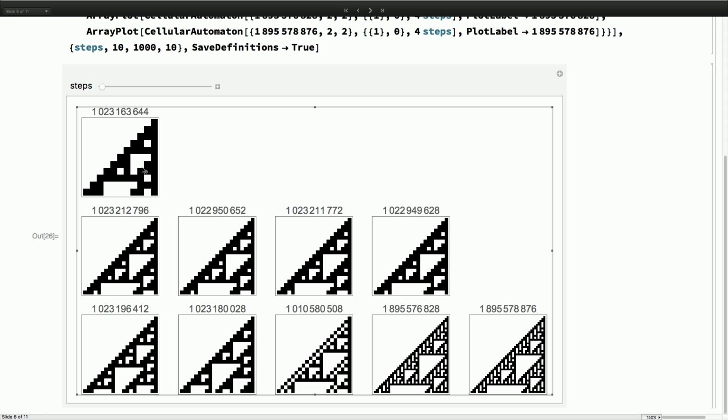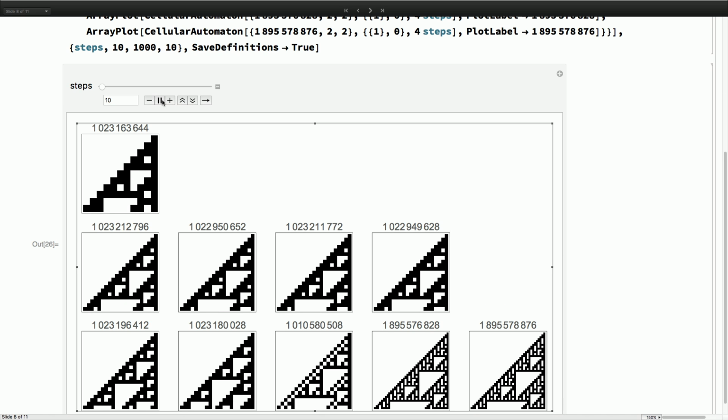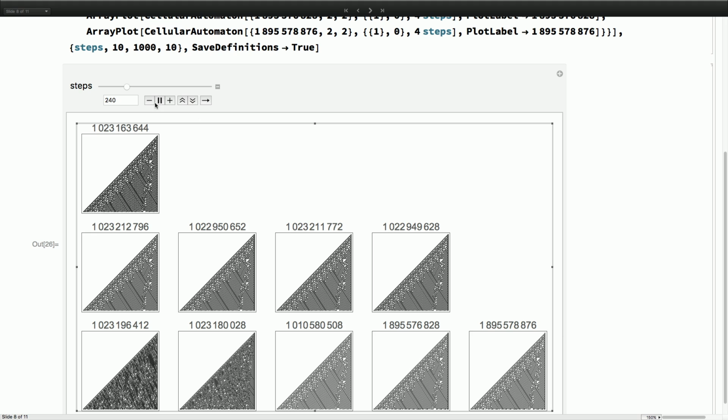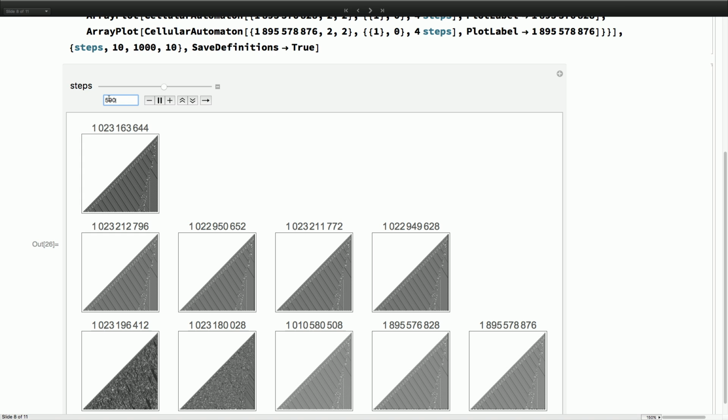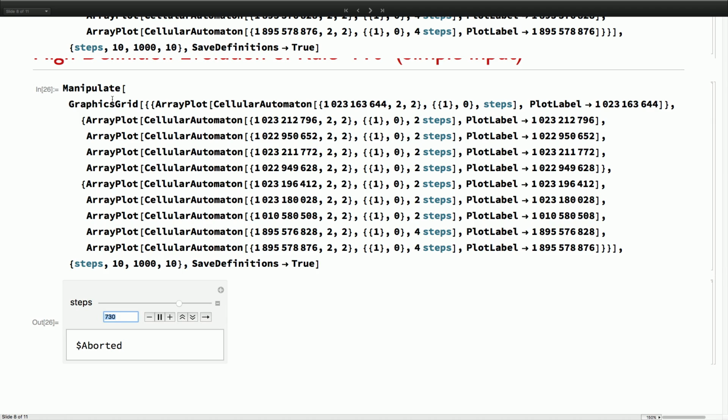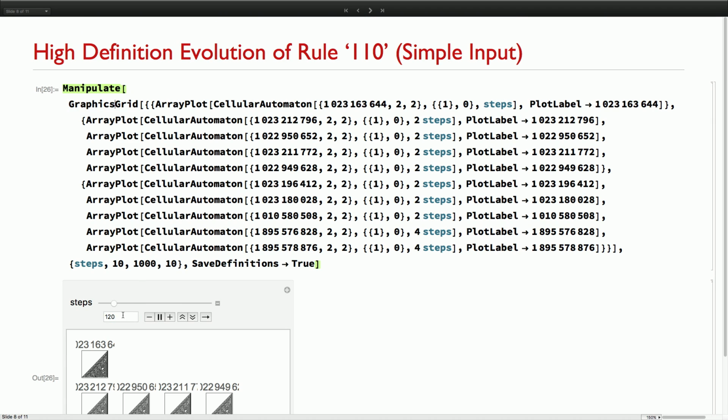See the staircase over here? It's a lot finer in here. So all I had to do to be able to show that was to make it, oops, that's not what I meant. I want it to be, now it's running.